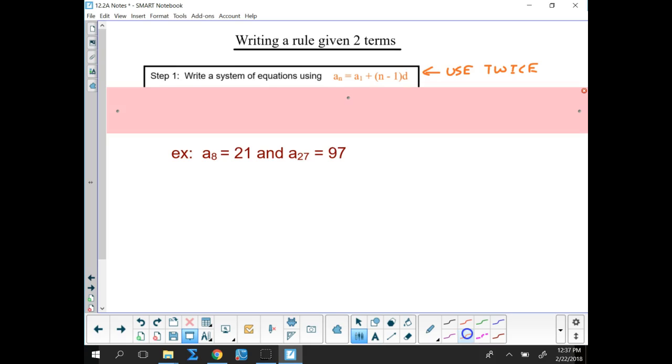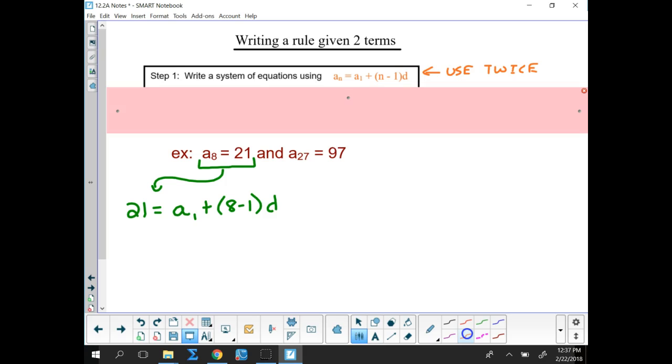So if I were to do this on my 8th term being 21, I would say that that is going to be 21 equals my first term plus 8 minus 1 times my common difference, because I don't know my first term and I don't know the common difference.